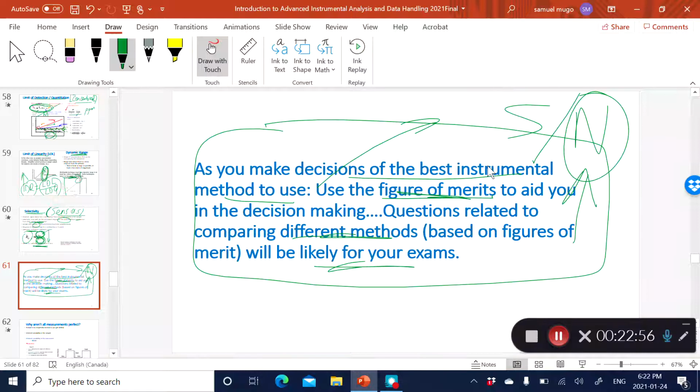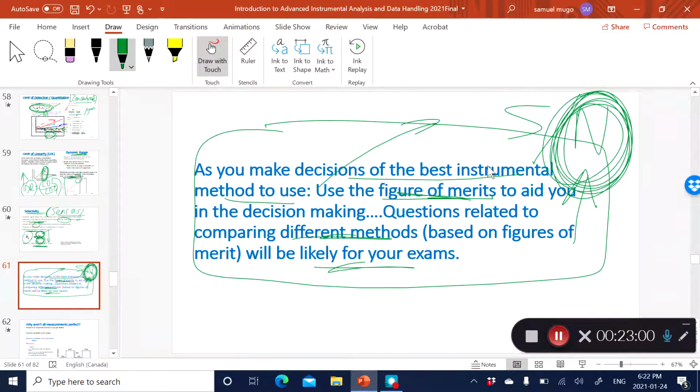So in the next lecture, we're going to talk about the instrument response in terms of optimizing the signal while reducing the noise, and even the ability to quantify the noise relative to the signal.